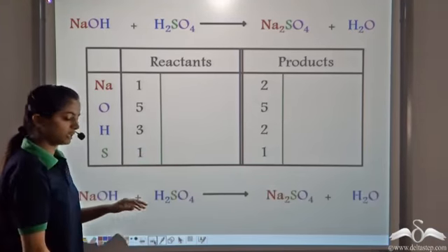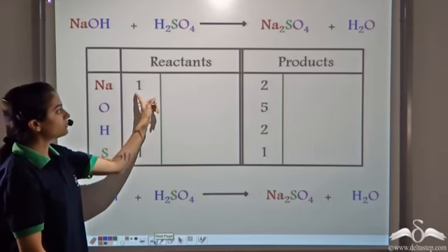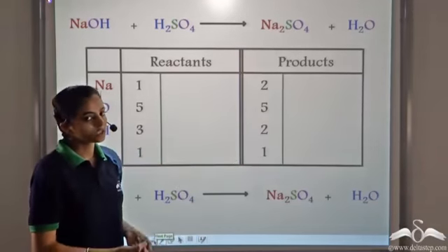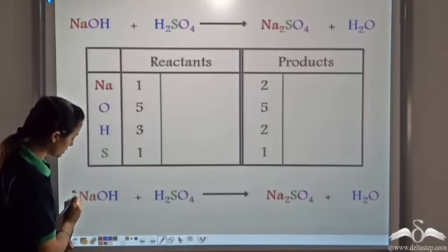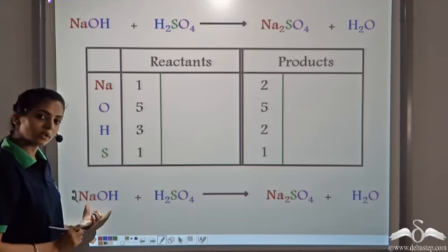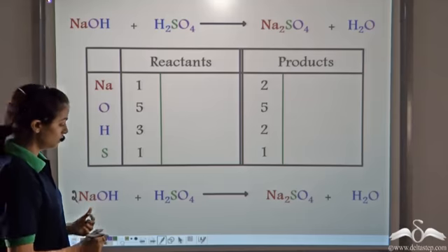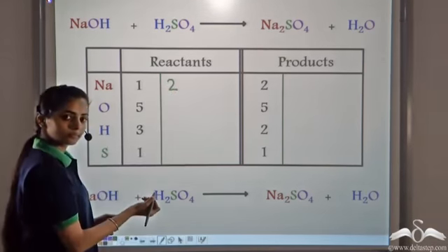So now let's take our equation. Let's balance step by step. On the reactant side, we see 1 atom of sodium, and on the product side, we see 2 atoms. So how can we balance this? We can balance this by simply using 2 molecules of sodium hydroxide. So when we multiply this number by 2, now we have 2 atoms of sodium.